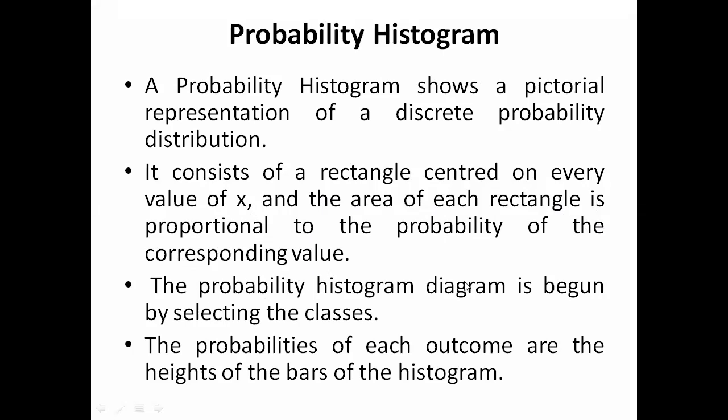The probability histogram diagram is begun by selecting the classes. The probabilities of each outcome are the heights of the bars of the histogram.